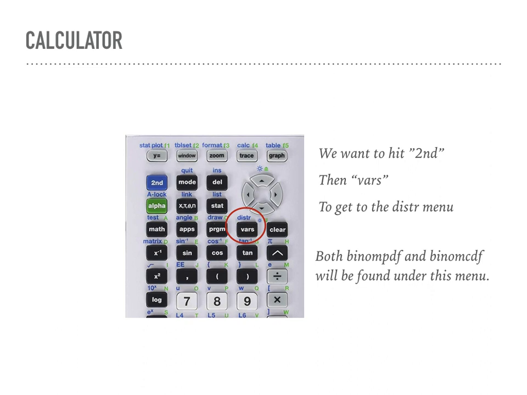Again, your calculator may pull up a menu for you, asking you for number of trials, probability, and X, or it might just pull up on your screen Binom PDF, and you'll need to enter N, P, X. The comma button is found over the 7 button on your calculator, so it should be fairly handy for typing that. Most newer calculators, though, do have the menu for you, so if you have a newer calculator, you likely have the menu.